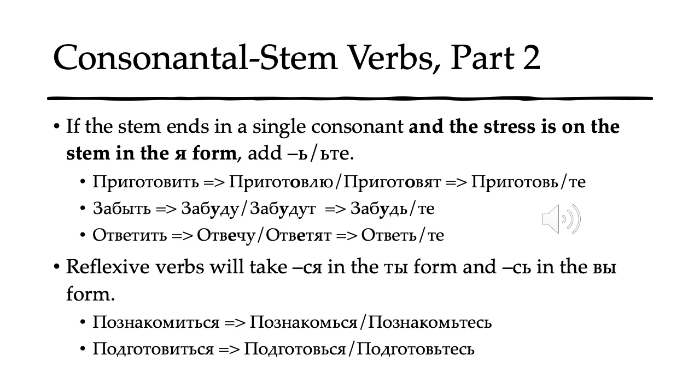The rules make it look complicated, but almost all verbs are going to be in the знай, читай, изучай form. And then there's going to be a few that you can just memorize that are like спроси, попроси, смотри, or приготовь and забудь, or ответь. And so just try and memorize those, and you will be well on your way to using the imperative correctly.